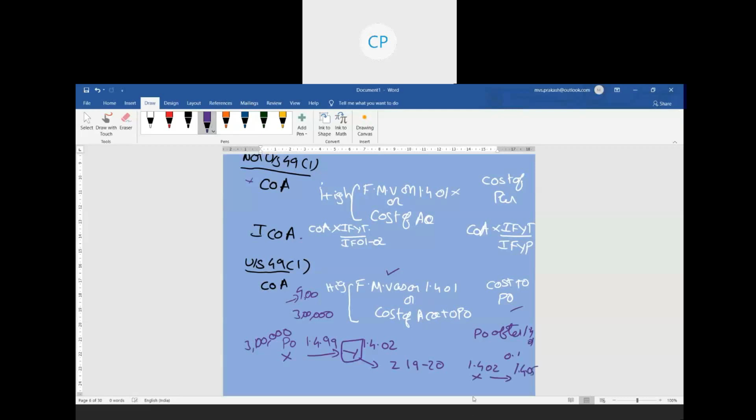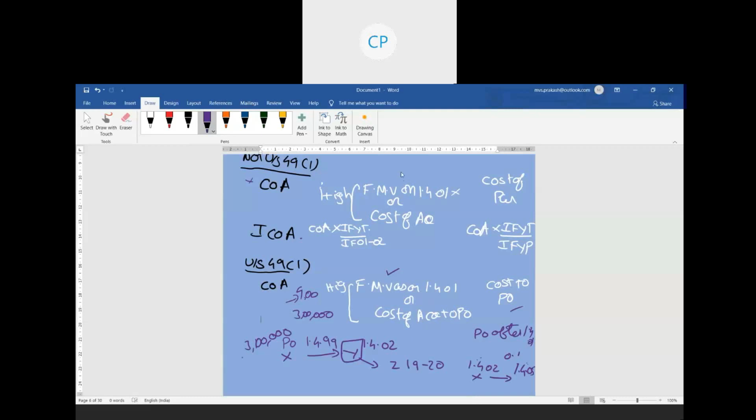So both are happening after 1st April 2001. Then what is your cost of acquisition? Your cost of acquisition is purely the cost to the previous owner. There is no need to consider fair market value. I should not consider fair market value. So let us consider the cost of acquisition is 3 lakhs. That is the difference between this scenario and this scenario.